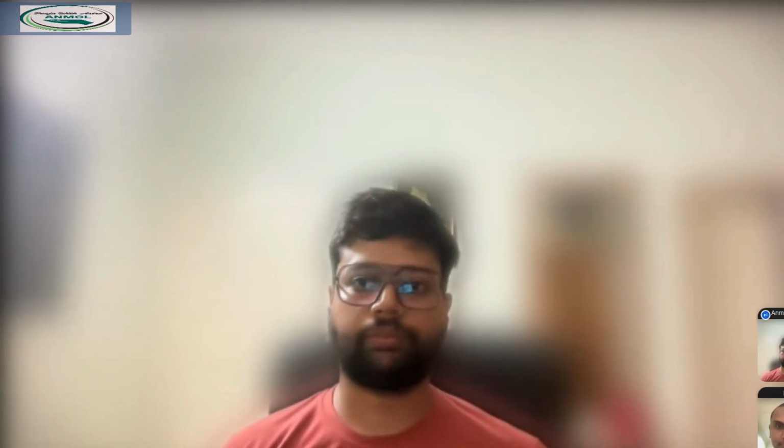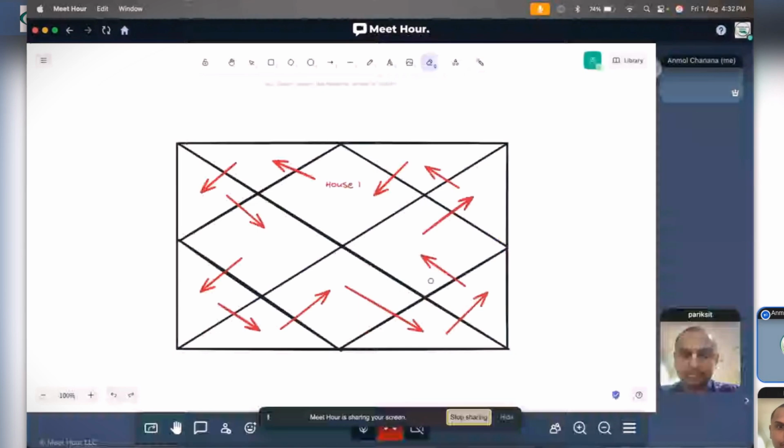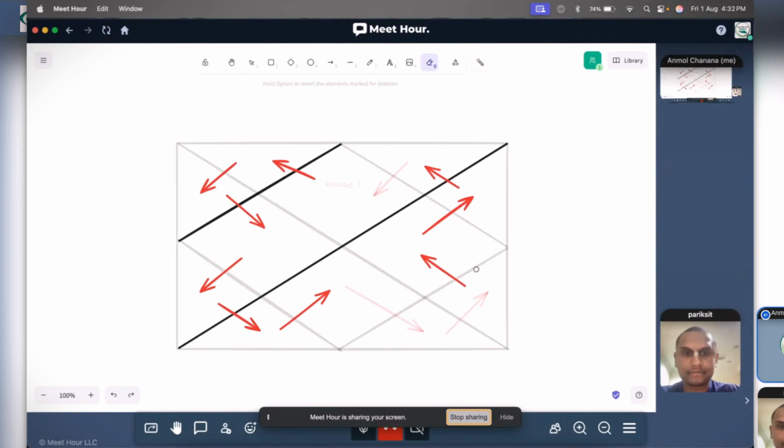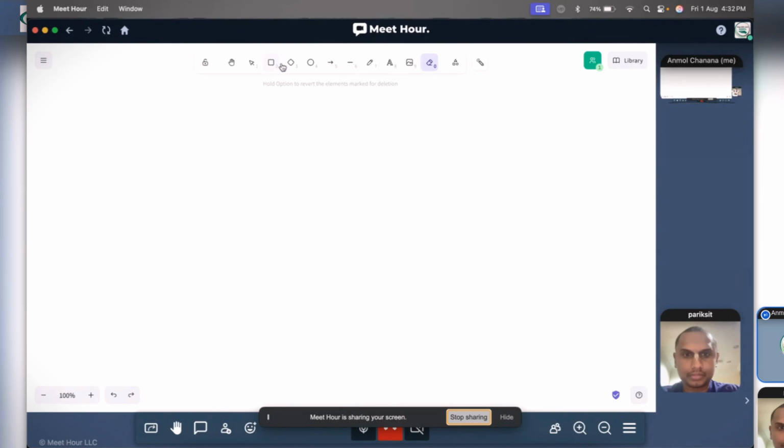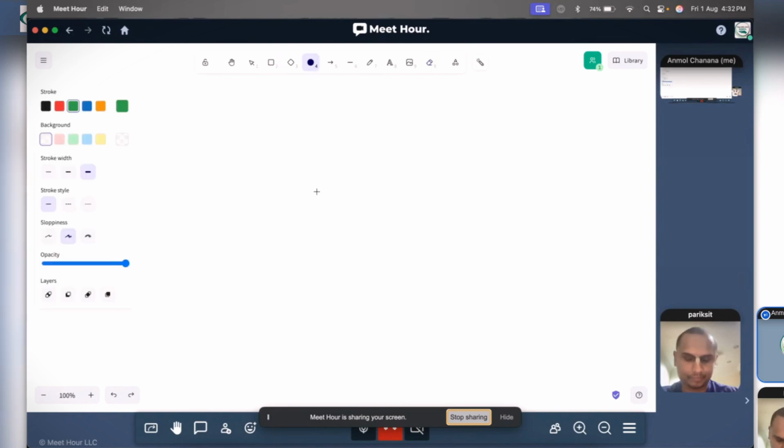Let me share. So here is Earth, and then there is Moon.